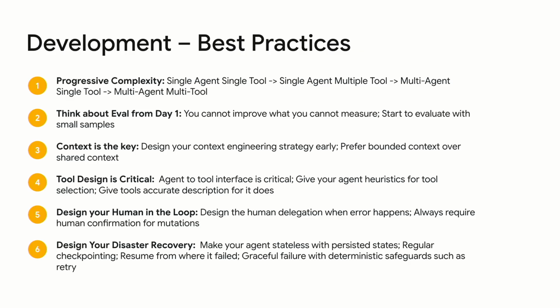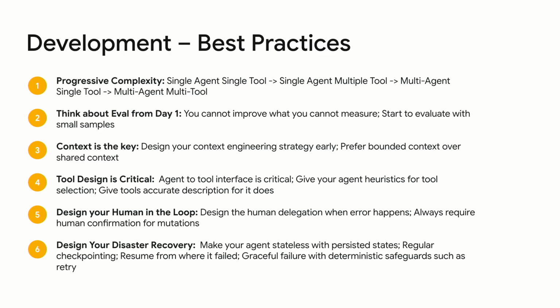This is also why open standards, such as the Model Context Protocol, are becoming very important, because they provide a structured way to ensure that these definitions are clear. And then you can also iterate these tool definitions in your own MCP server. Tool definitions are just as important as your system prompts.